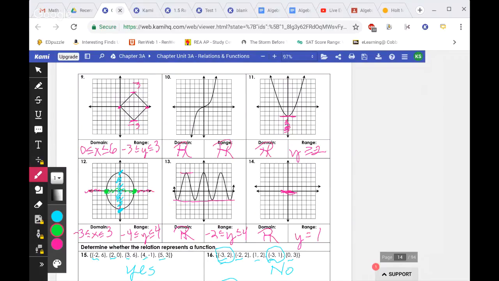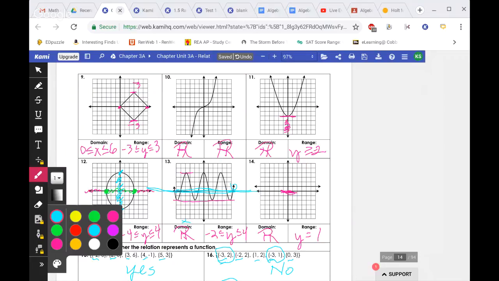Can you think of an X that's not going to be on there? That's this line right here. No. And this tells me it's going to keep going, right? Yeah. So that would be all real numbers because this is just the X's.